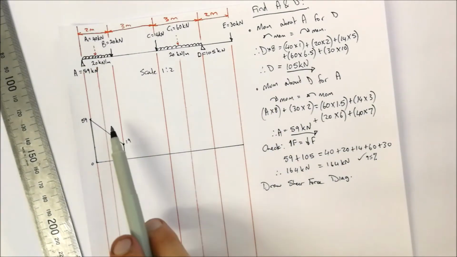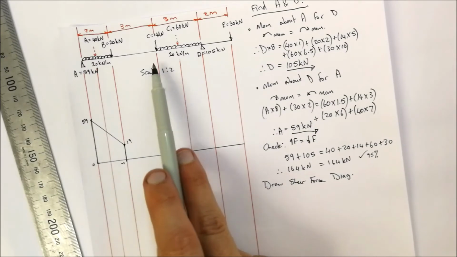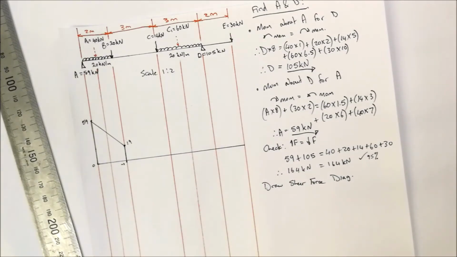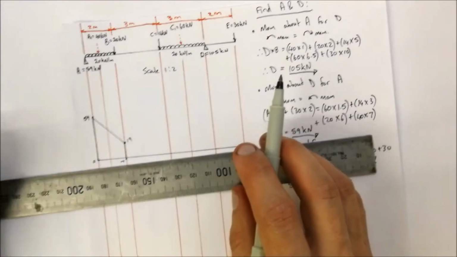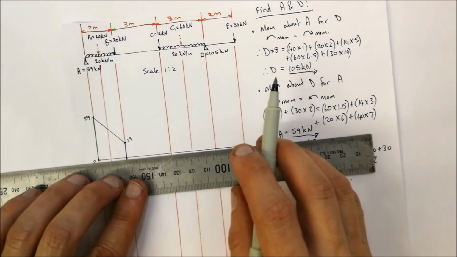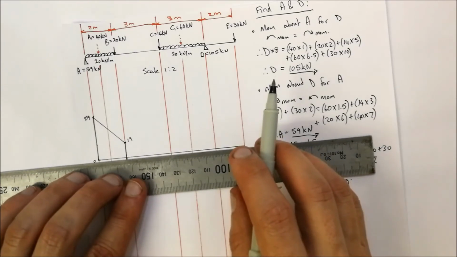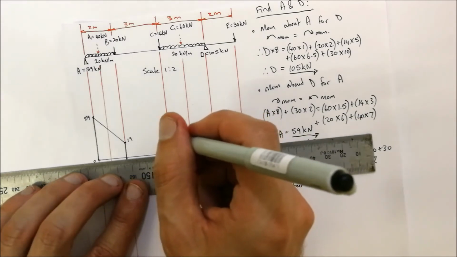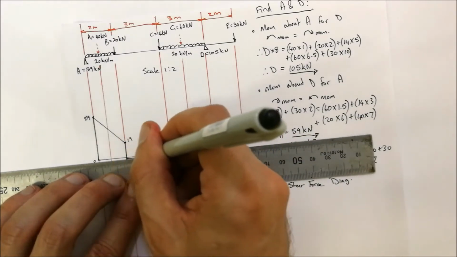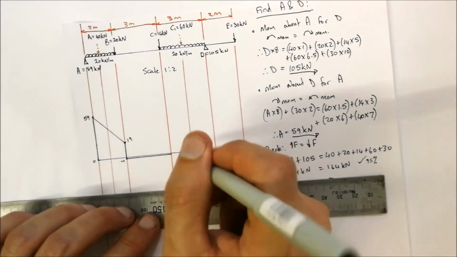Right, now that we've done that, from B we're going to C, and at C it's shown to us that there is another 14 kilonewtons going downwards. So we can draw a straight line across, because it's not a distributed load, we don't have to worry about diagonal lines. Okay, so we draw that line across over there.